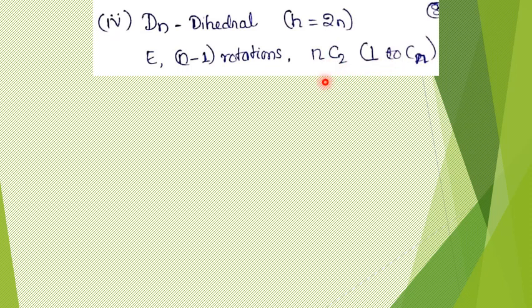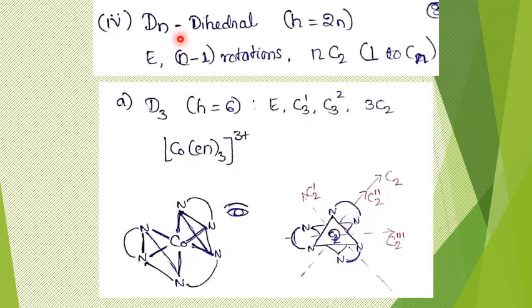So n operations come from the n C2 axes, plus the n minus 1 rotations and identity, which together make n more. Totally, 2n operations are possible in this dihedral point group. Let's take some examples. The first example is a D3 point group, and its order should be 6 because it's 2n.